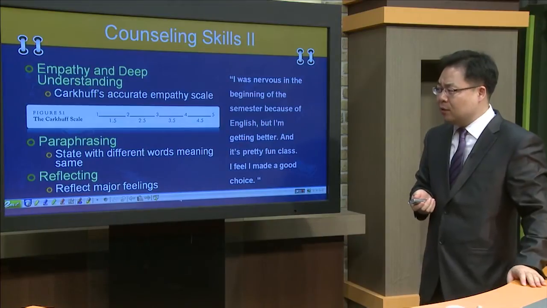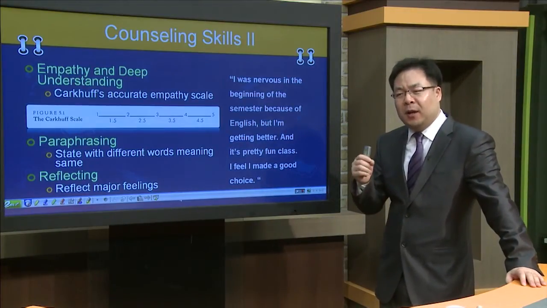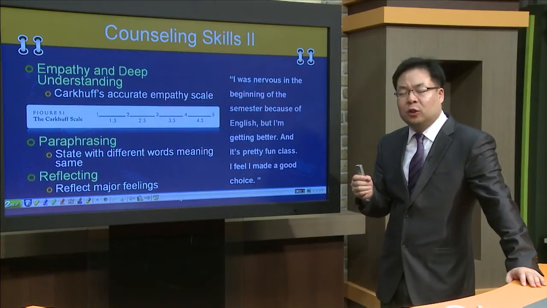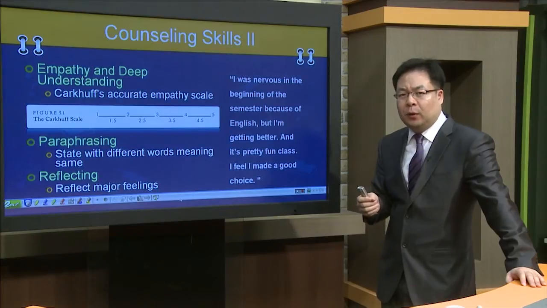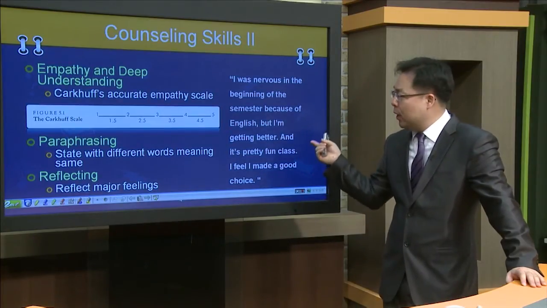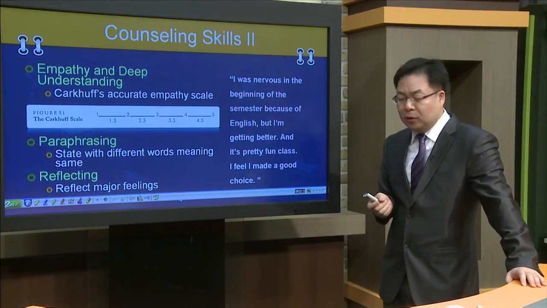But reflecting is a little bit different. Paraphrasing focuses on the content, theme, and thought, but reflecting focuses on the client's feeling. So think about, what do you see as the major feeling from this client statement? Any major feeling from this statement?